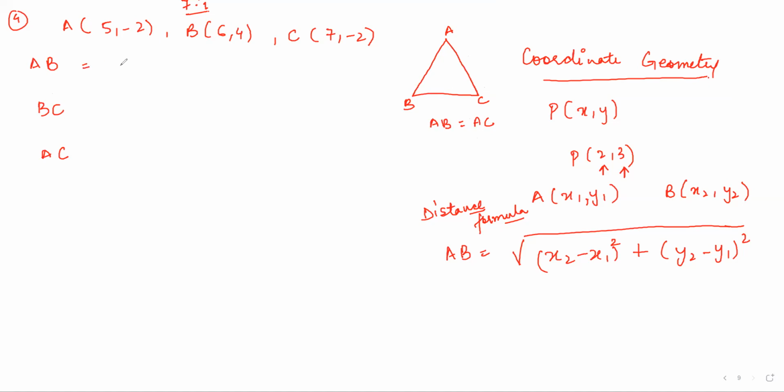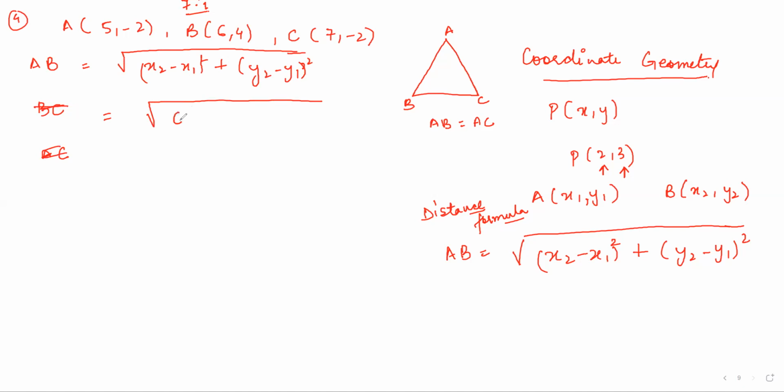So AB means, again, the formula you write: X2 minus X1 whole square plus Y2 minus Y1 whole square. Okay, so put the values here. X2 means 6 minus 5 whole square, plus Y2, which is 4, and Y1, which is minus 2, so 4 minus of minus 2, whole square.